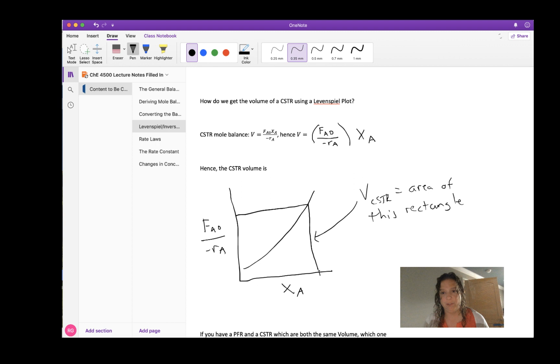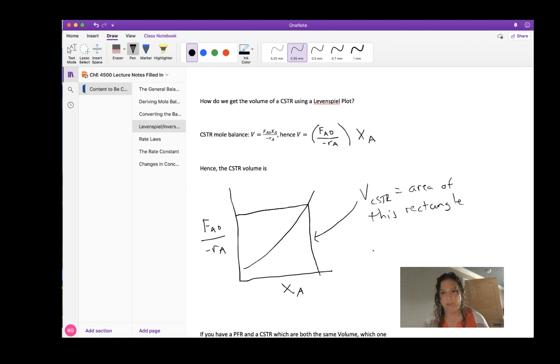So to determine that, I basically go to the conversion that I'm interested in, I follow that up to the trend line, and then I follow that over, and I get a value here. And I multiply this value times this value, and that is how I get my CSTR volume.